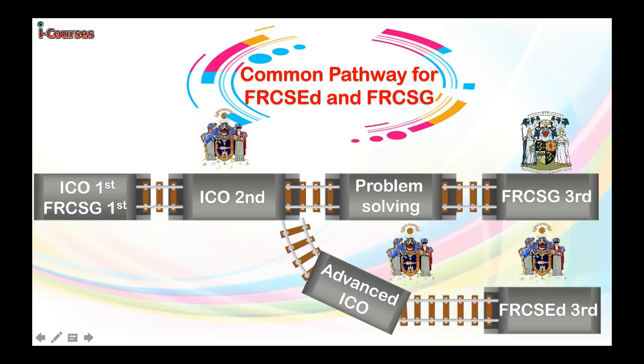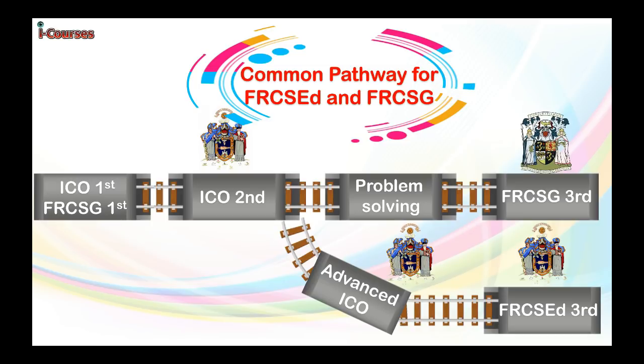In either case, whether you obtained the membership with the second ICO alone or with the advanced ICO, you can proceed to the Fellowship of the Royal College of Surgeons of Edinburgh, the third part exam, which, if you passed it, will give you the title Fellow of the Royal College of Surgeons of Edinburgh.